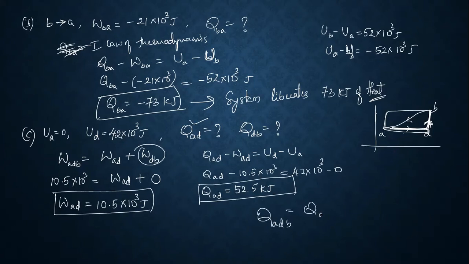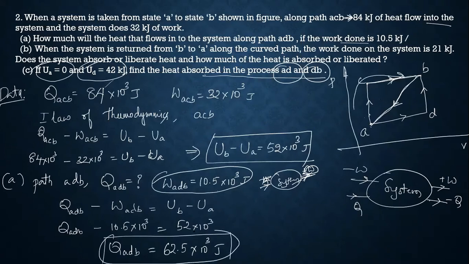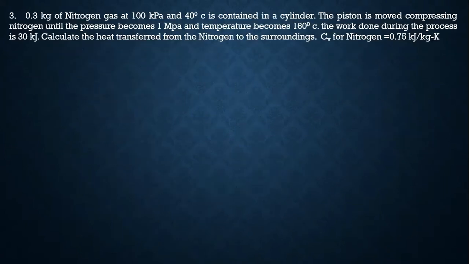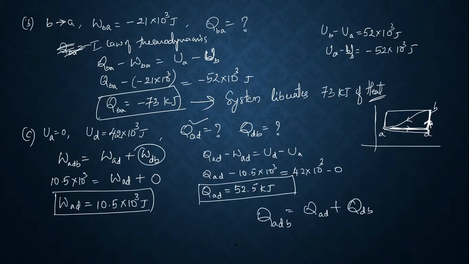It is Q_AD plus Q_DB. Q_ADB you already found here, it is 62.5 kilojoules, 62.5 into 10 to the power of 3, and Q_AD you found here, that is 52.5 into 10 to the power of 3. The unknown term here is Q_DB. Therefore, Q_DB is equal to 10 into 10 to the power of 3 joules.